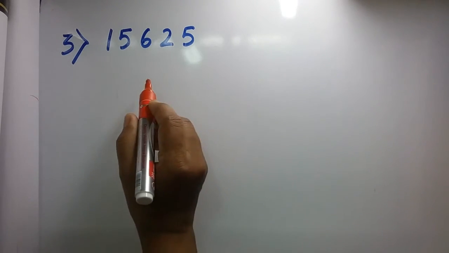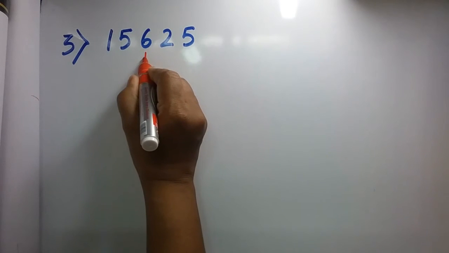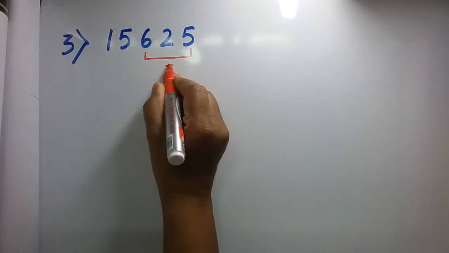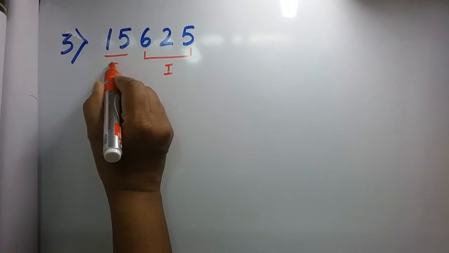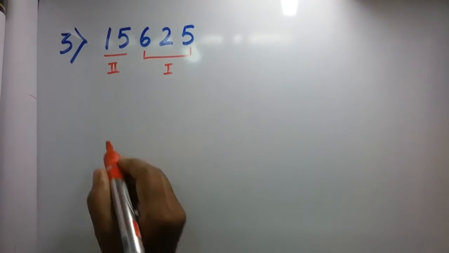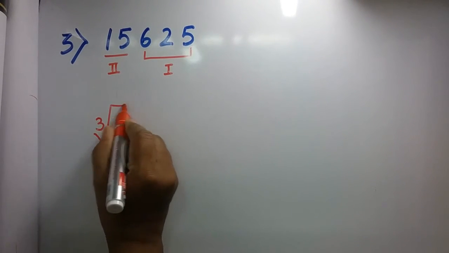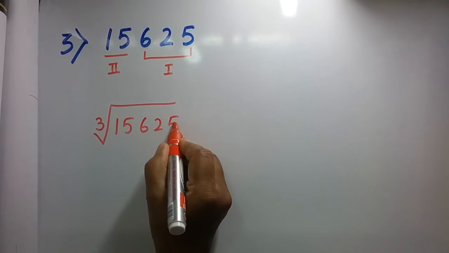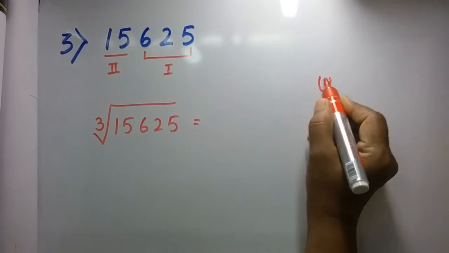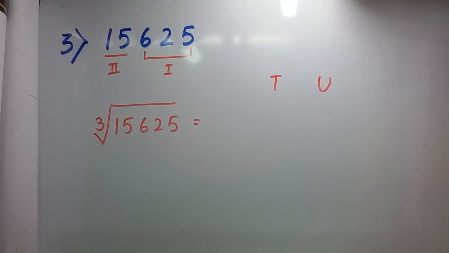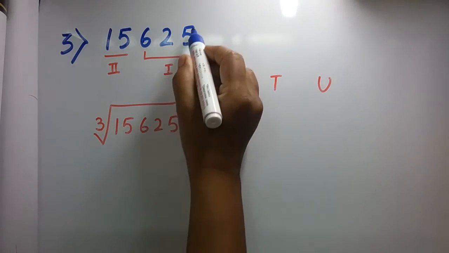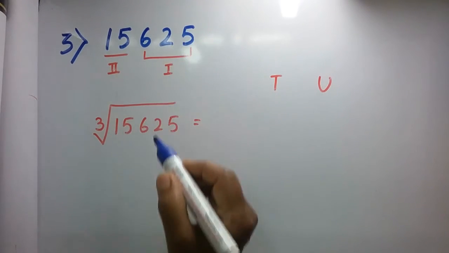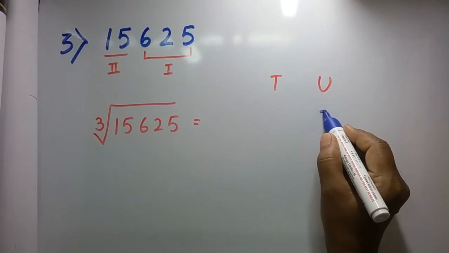Now we have the third question here. 15,625. Divide into 2 parts. The first part is 625, and the second part is 15. So when you have to find out the cube root of 15,625, write the unit and tens place. Start with the unit. As it has 5 in the unit place, you will get 5 here also.